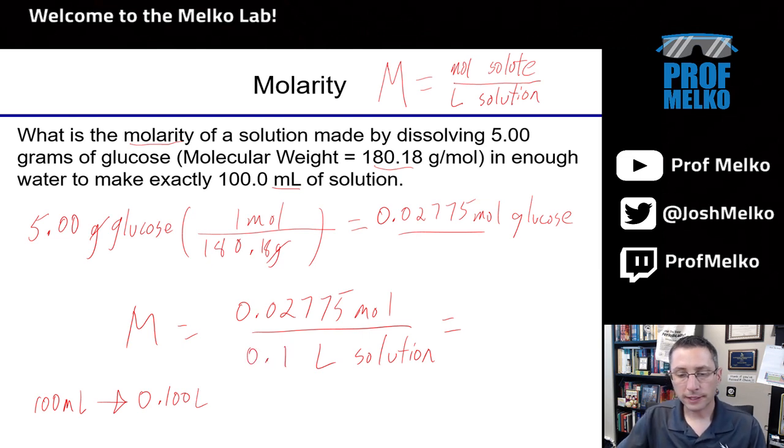So really it's 5 divided by 180.18 to get that moles of glucose, and then take that moles of glucose divided by 0.1, you should get 0.278 molarity. And that should be the final answer for this one.